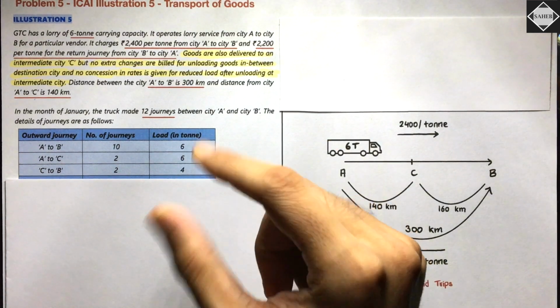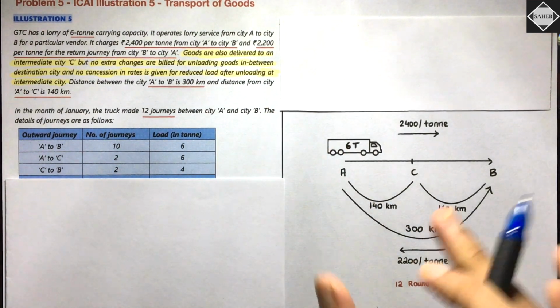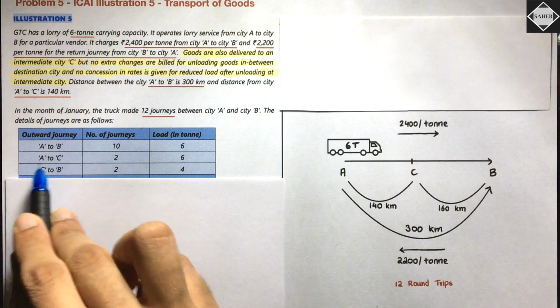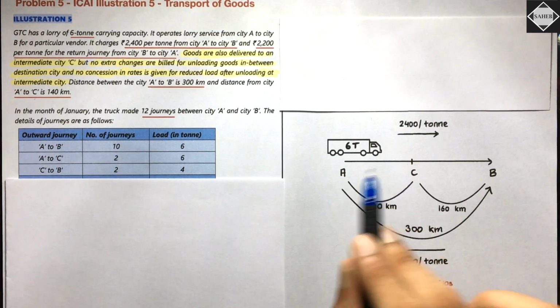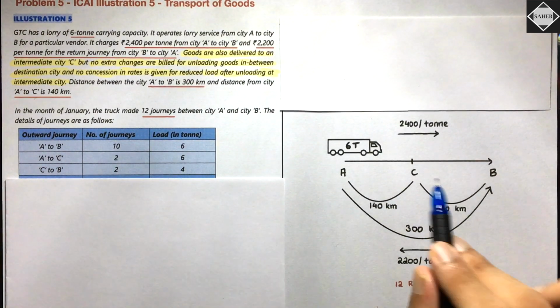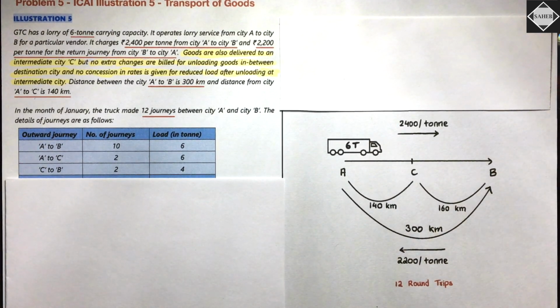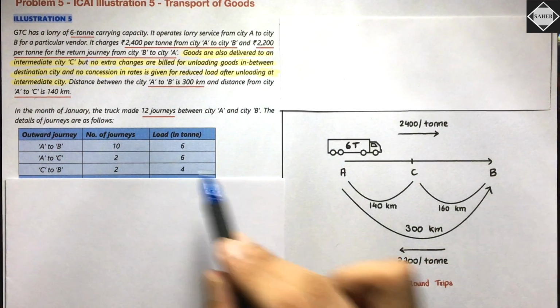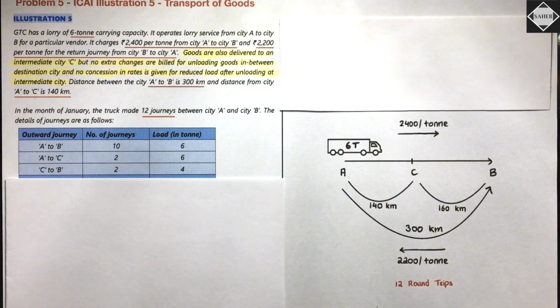It's broken down further. See, A to B, 2 journeys are left, but they have broken down. A to C, 2 journeys have happened. Then C to B, C to B. So in total, it's 2 journeys only. Is that clear? From A to C, we have carried 6 tons.